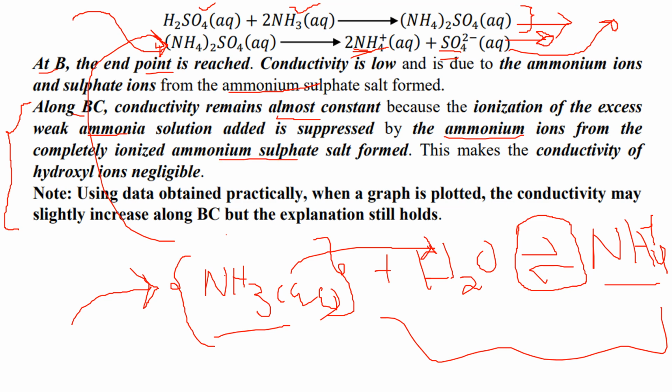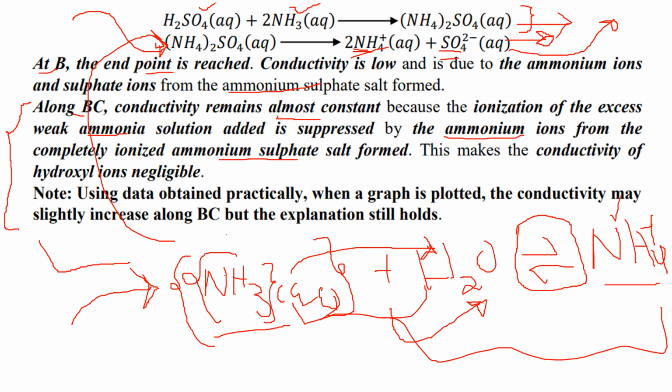Since ionization of ammonia is being made almost impossible, we are going to have a constant number of conducting particles in solution, which are just the ammonium ions from the salt together with the sulfate ions. That means that the ions from the salt are the ones in charge of the conductivity, because molecules cannot conduct electricity.